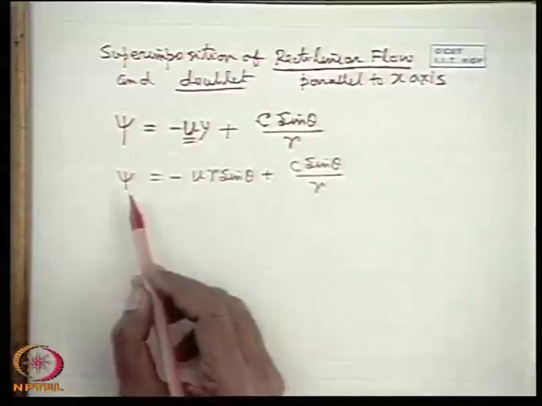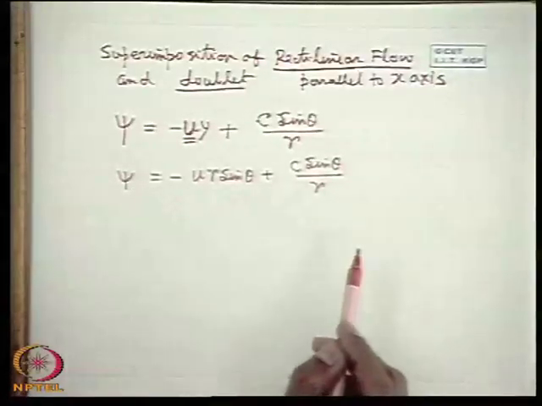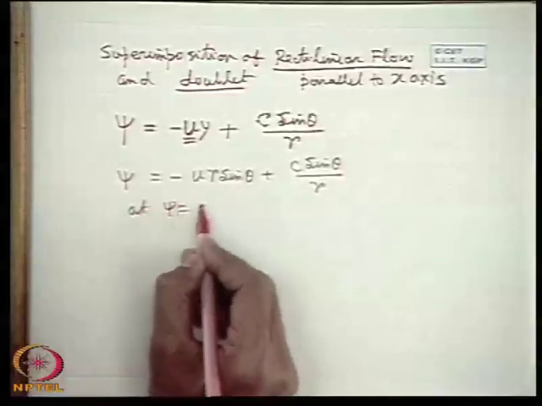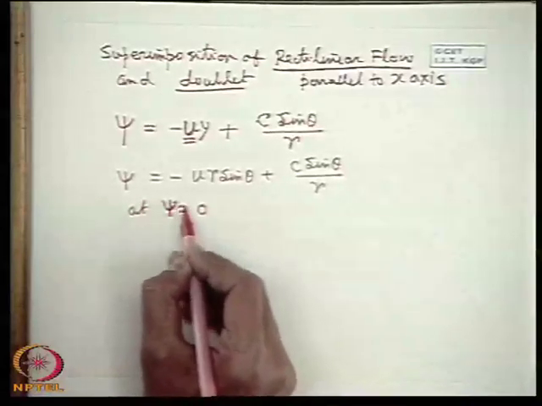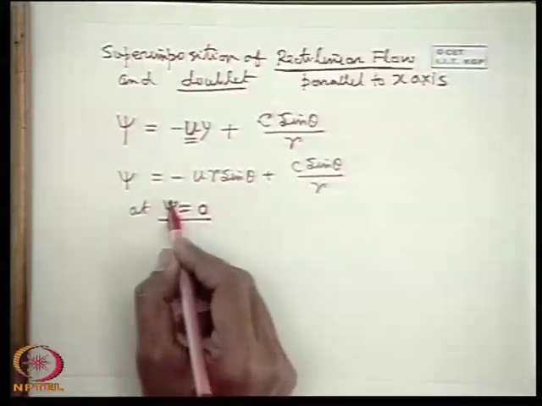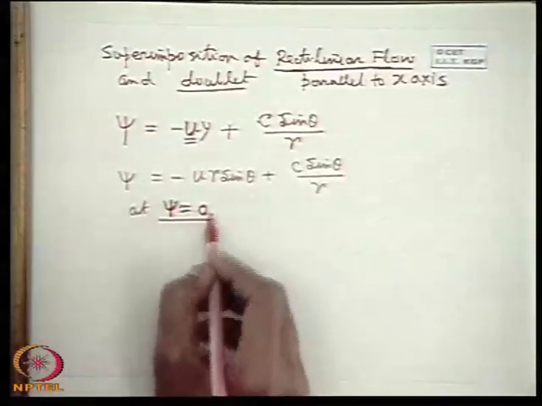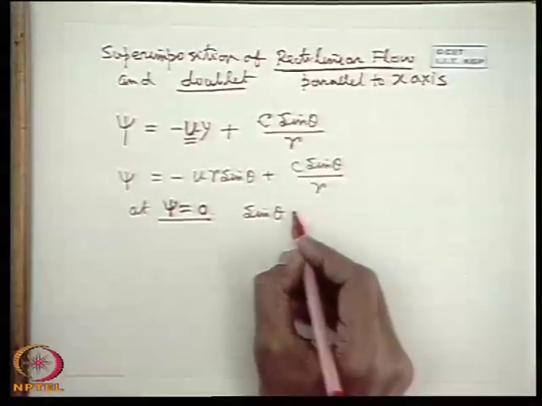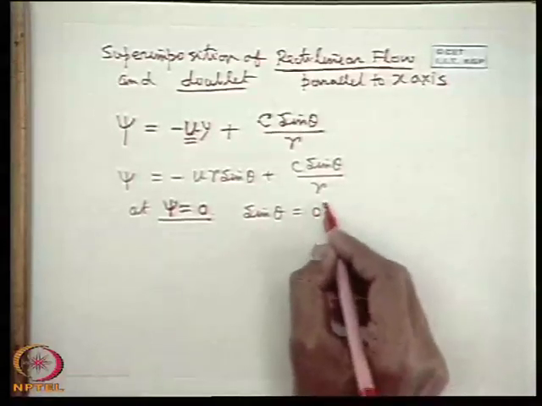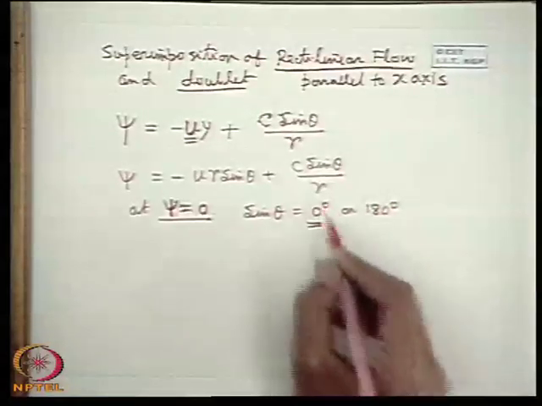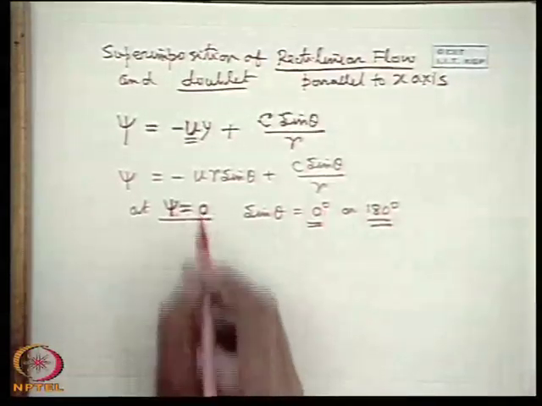Now you see that in this type of stream function we get something interesting, that at psi equal to 0, that means if we consider one value of the stream function arbitrarily to be 0, that means along a streamline where psi is equal to 0, we get the conclusion that sin theta is either 0 degrees or 180 degrees. That means if sin theta is equal to 0 or 180, the value of the stream function is 0.